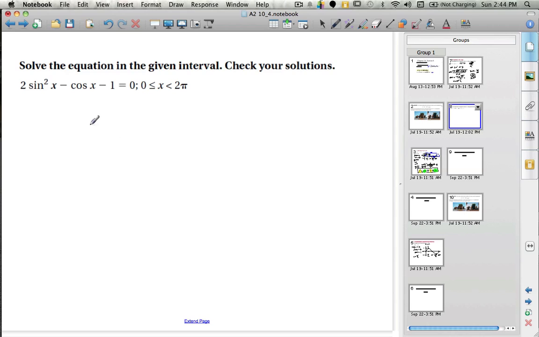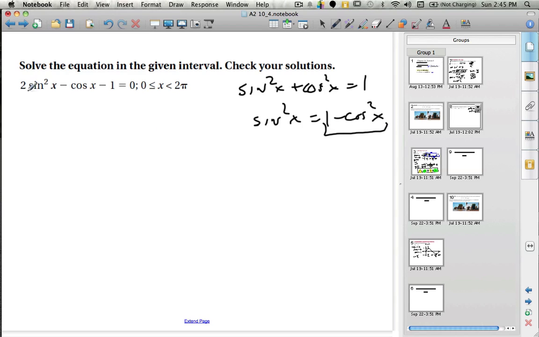Right? If you remember the trig identity, I know that sine squared x plus cosine squared x is equal to 1. That means that sine squared x is equal to 1 minus cosine squared x. So I can substitute this in place of that, and then I'll have all cosines.